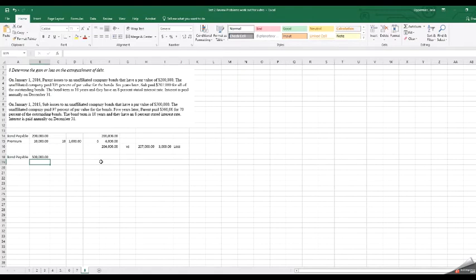And then in this case, there is a 3% discount. So then that will actually subtract. So then initially they would have been $485,000.